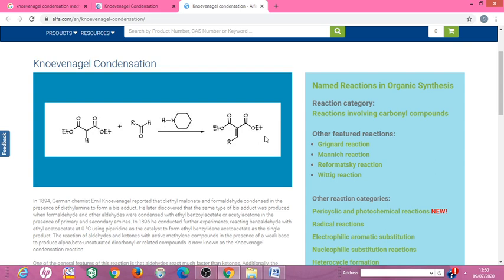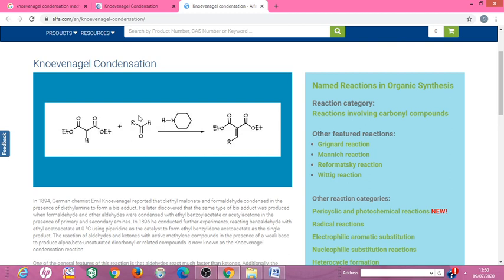First of all, the definition of Knoevenagel condensation reaction. Take the aldehyde which does not have alpha proton. Alpha proton means the proton which is present neighboring to the carbonyl group, then that proton is known as alpha proton.